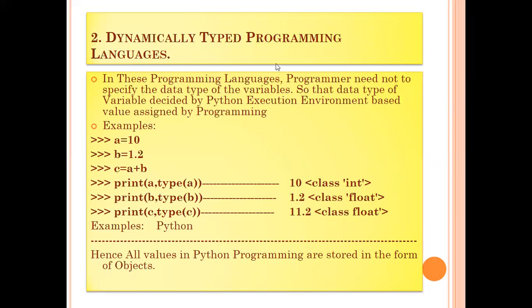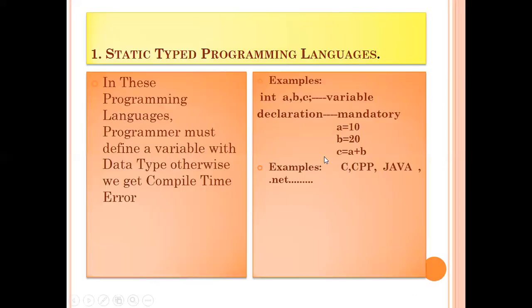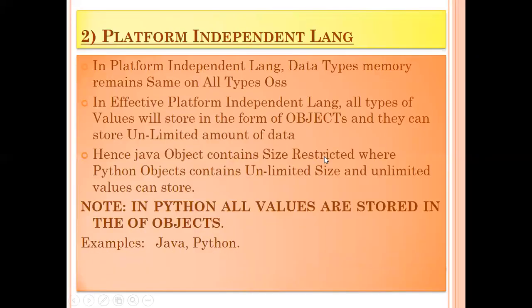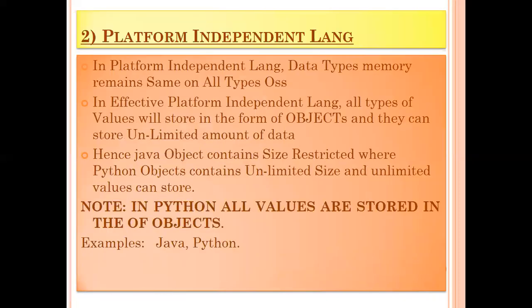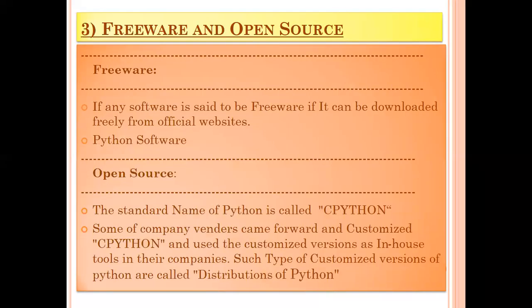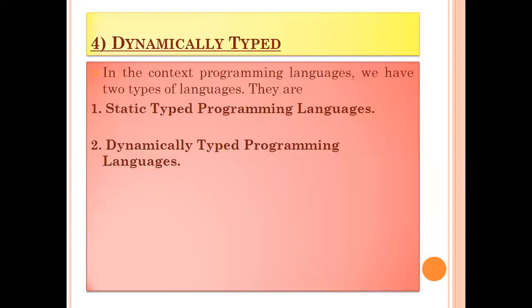Okay, so today we have discussed the four features. What are those? Simple. Why is it simple? Then platform independent language. How is it platform independent? Then we discussed freeware and open source. And the fourth is dynamically typed language, and how it is dynamically typed.